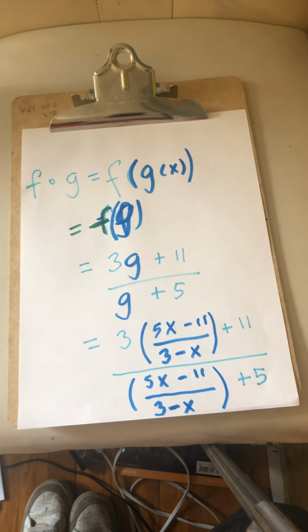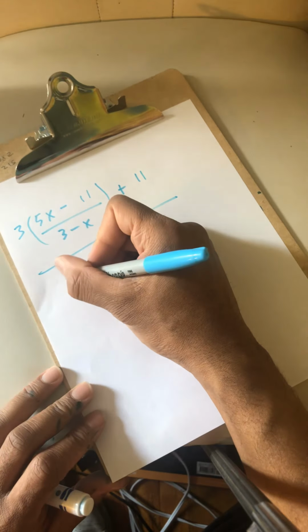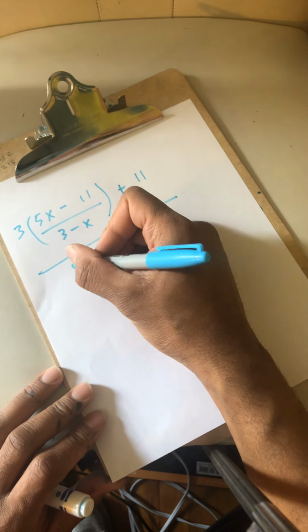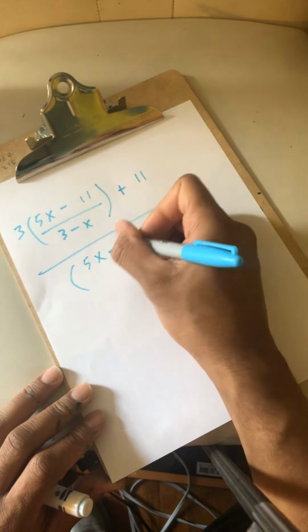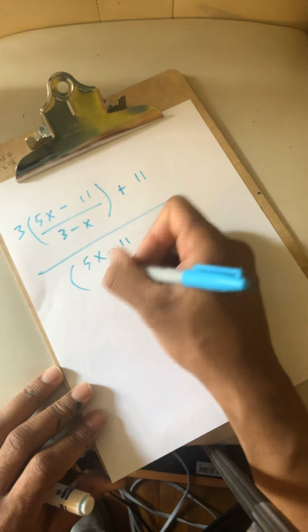So I have 3 times 5x minus 11 over 3 minus x, plus 11, over 5x minus 11 over 3 minus x, plus 5. All right, and so you want to multiply everything by 3 minus x.